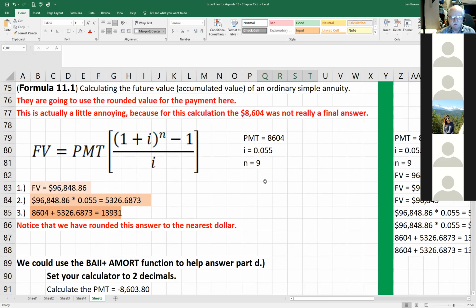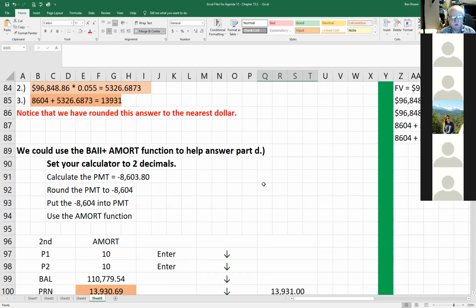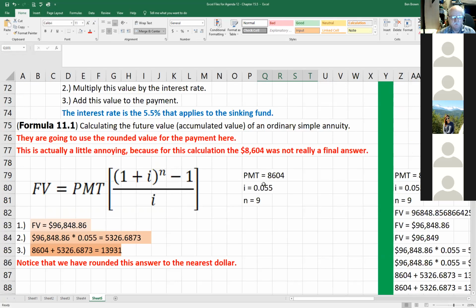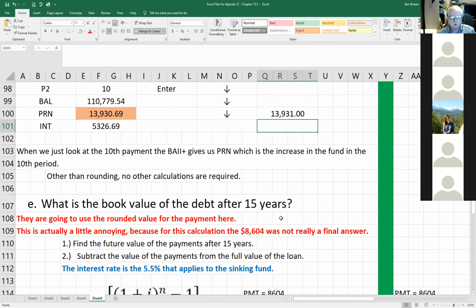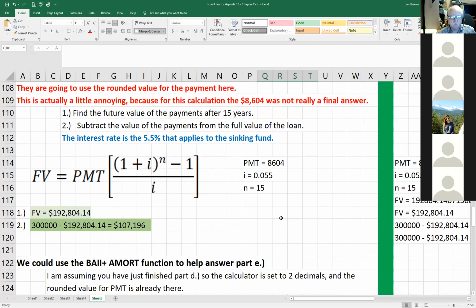Okay, we can do that, but it's just not shown here below. Yeah, okay. Because for letter E, we were able to calculate the future value on the BA2 Plus, which is here, 192,804. Yes, we should be able to do this on the BA2 Plus.